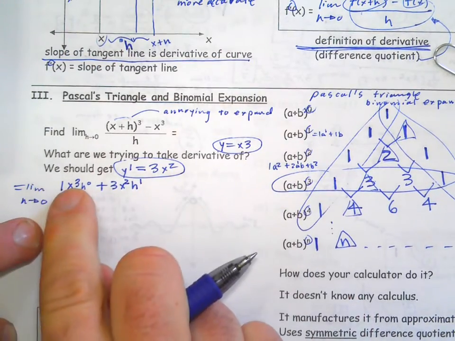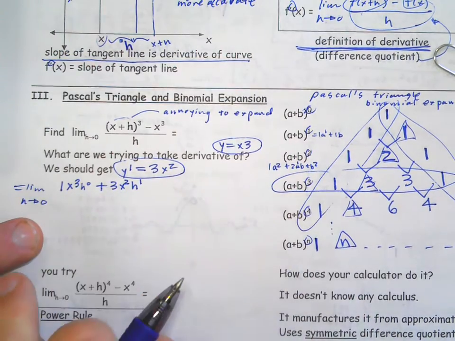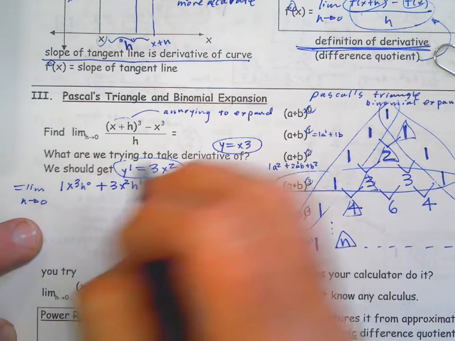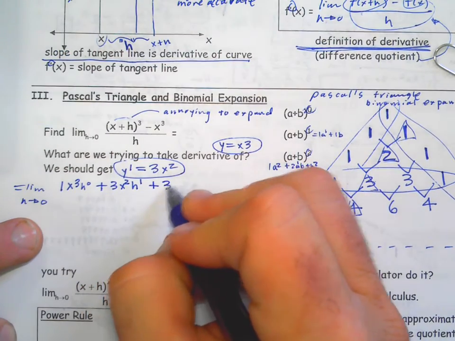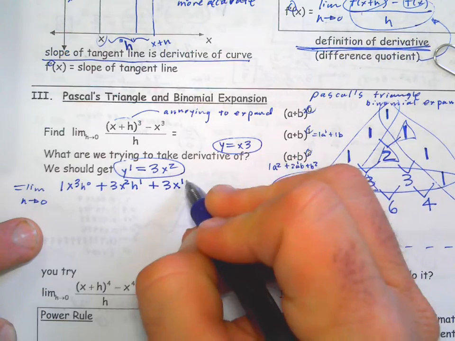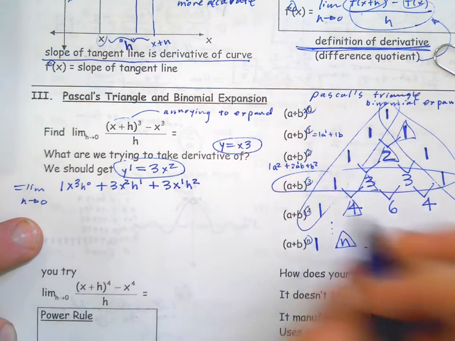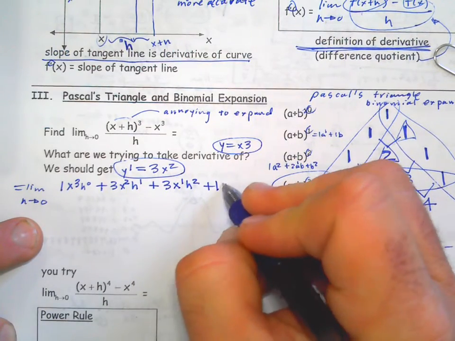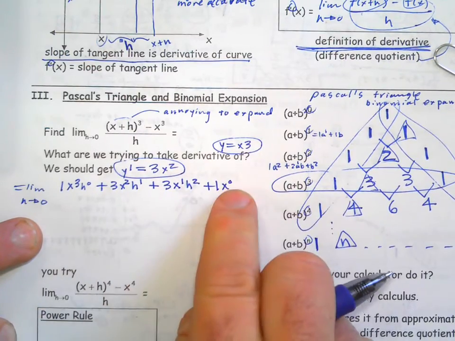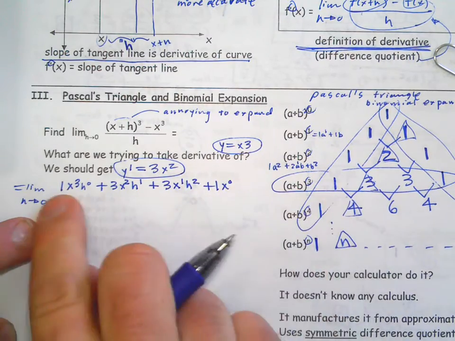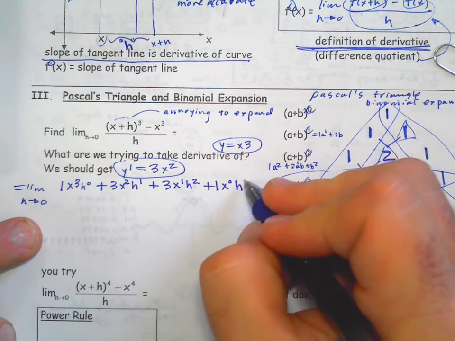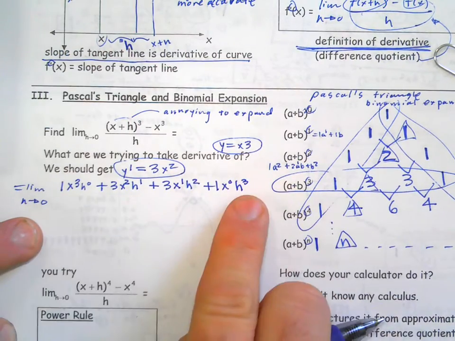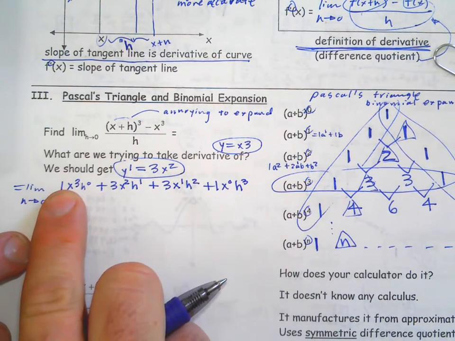So you see how the power of the x goes down 1 and the h goes up 1? That's just a pattern. The next one is going to be 3 x to the first h squared. The next one's going to be 1 x to the 0. Now, once x gets to 0, you know you're at the last term, and then h is going to be back up to 3, which is what the x started with, okay?